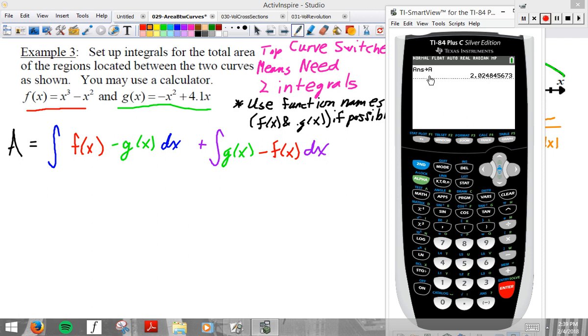Now the reason we want to store it immediately is because we want to preserve the decimal accuracy here. We don't want to lose any of the actual values. And you don't want to store it ever into X. Let's be clear here.